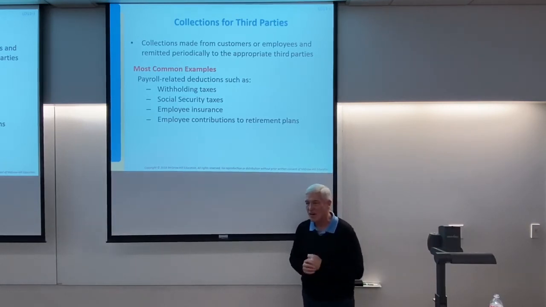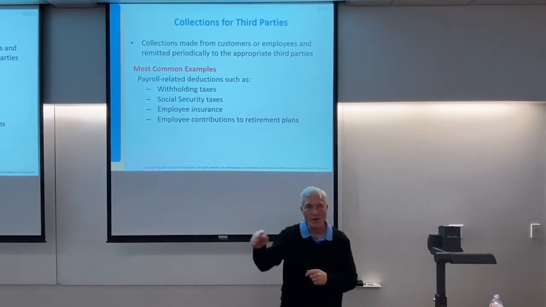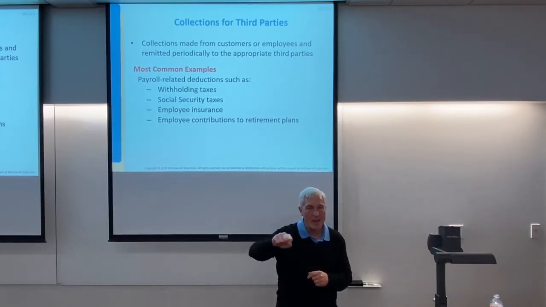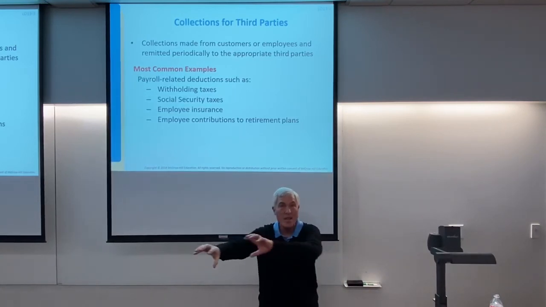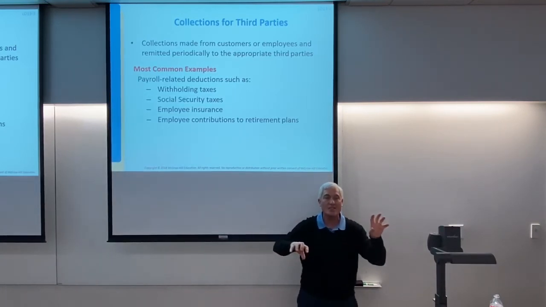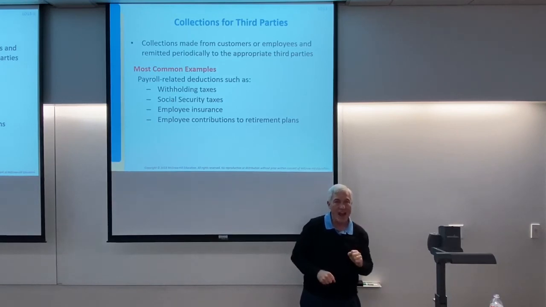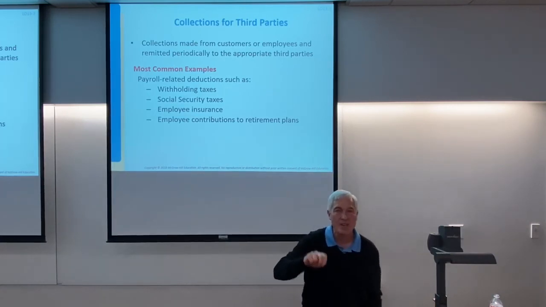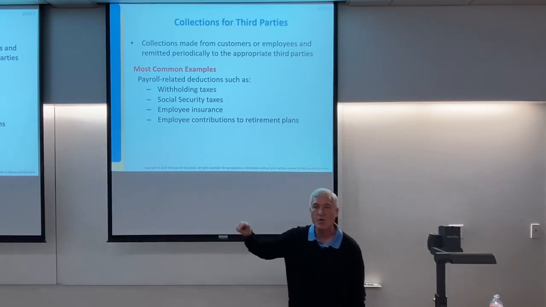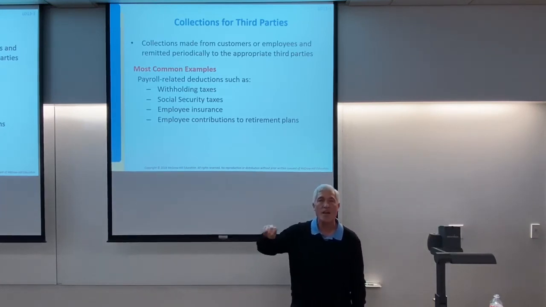So let's think about Target here. They sold a $20 item, and that's their revenues. That's what they sold. But they collected another $1.60. So they're debiting cash for $21.60, but they didn't have $21.60 in revenues. They're collecting $1.60 on behalf of the state and the local governments.